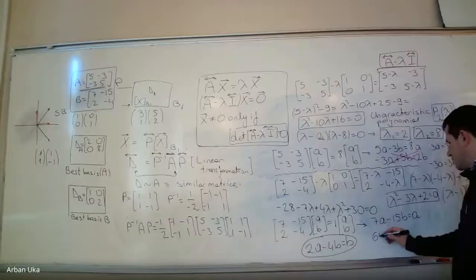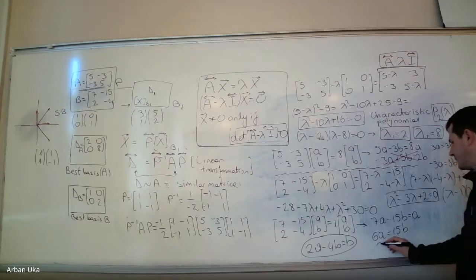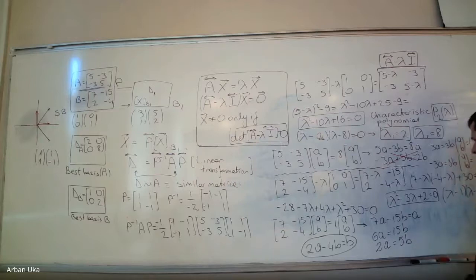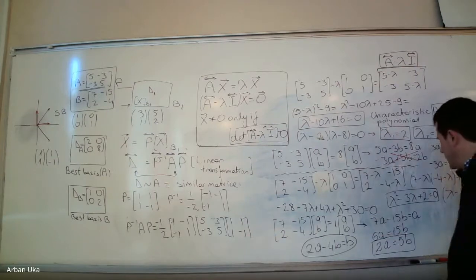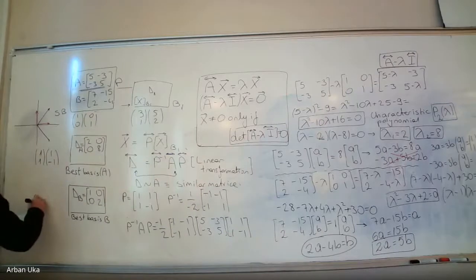We have 6a equals 15b. That is true. So then we get 5 and 2: 5 for a and 2 for b. So this would be the case for the first eigenvalue, and we find (a, b) would be (5, 2).